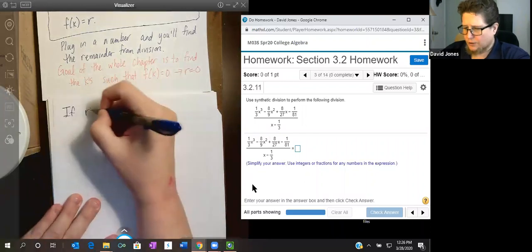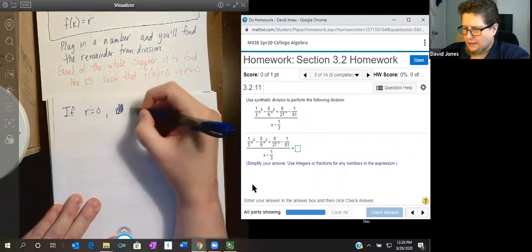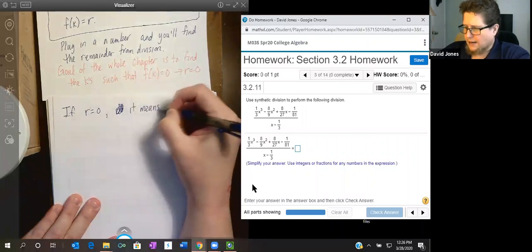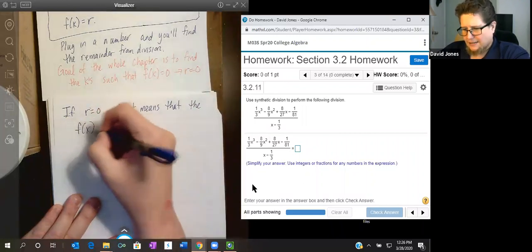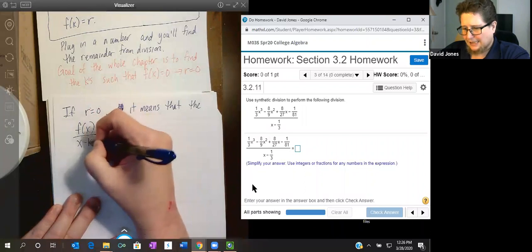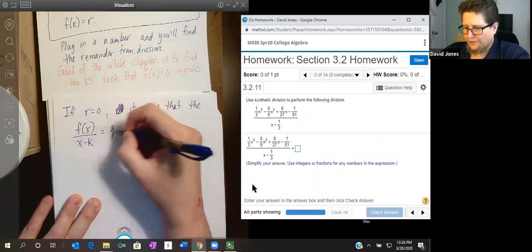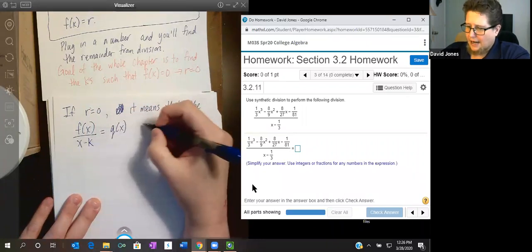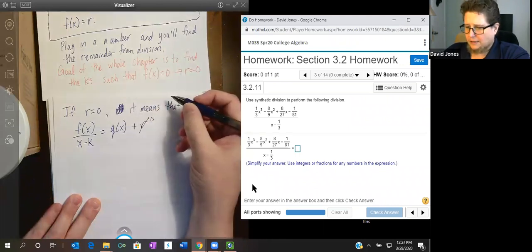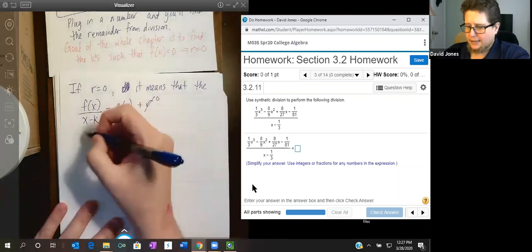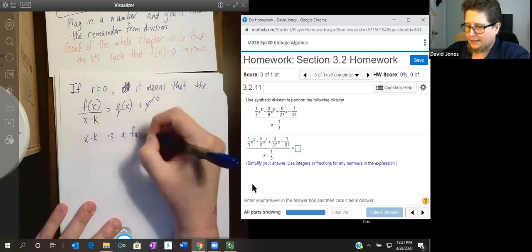If r equals 0, it means that f of x divided by x minus k just equaled q of x plus r, which was 0. Which means x minus k is a factor of f of x.